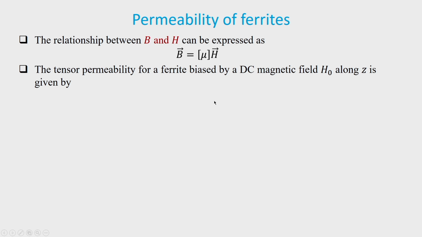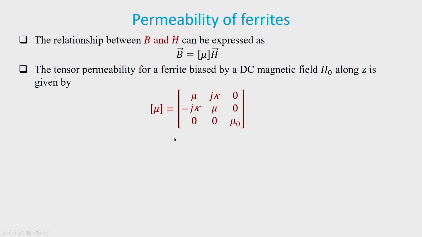The tensor permeability for a ferrite biased by a DC magnetic field H naught along Z naught is given by this matrix: mu, j kappa, 0; minus j kappa, mu, 0; 0, 0, mu naught.